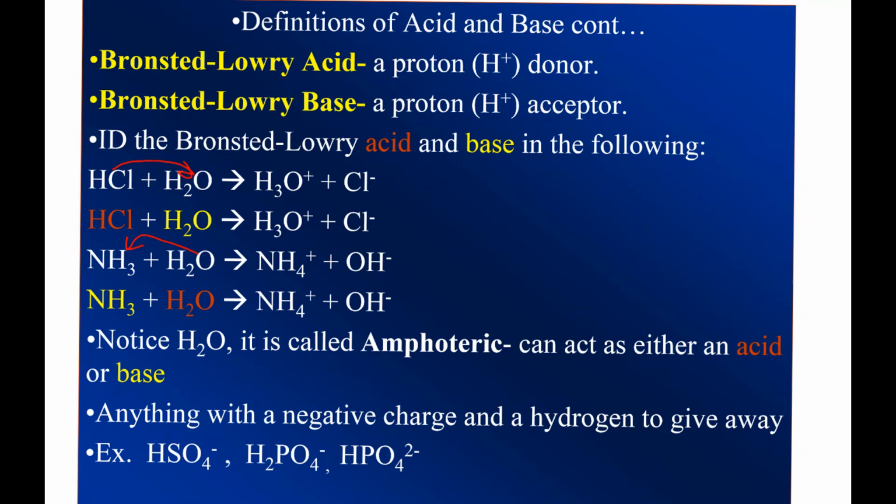All right, so this has something to do with the base. Being negative means that it will receive or be attracted to an H+ ion. So these down here are all amphoteric. It's got a hydrogen to give away, so it acts like an acid. It's got a negative charge, so it could also receive a positive, because negatives and positives are attracted. Same thing with the other two.